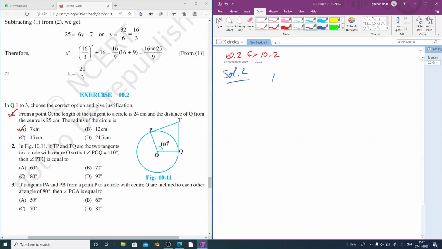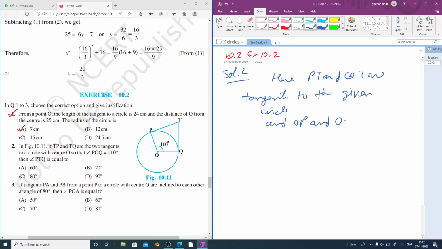So here PT and QT are tangents to the given circle, and OP and OQ are the radii of the circle.